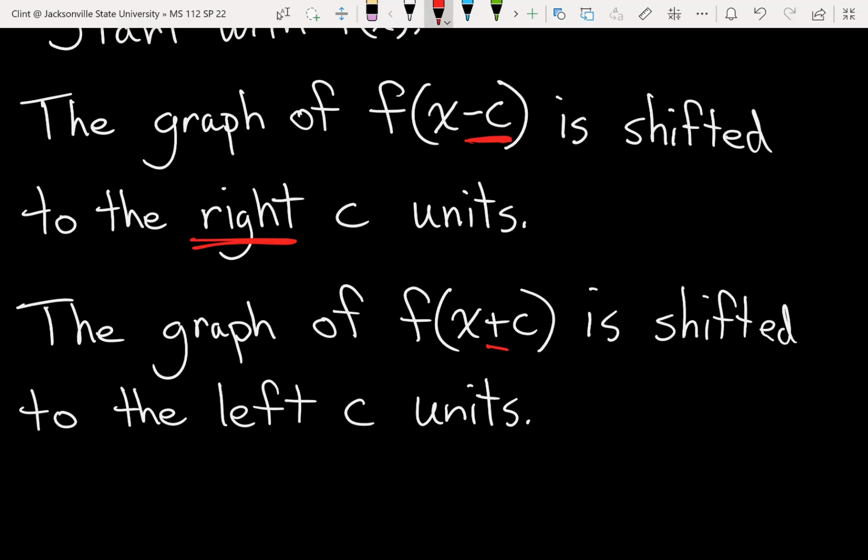Okay, so adding positive values means we go to the left. So you have to remember the horizontal ones are kind of the reverse of what you might expect to start with.